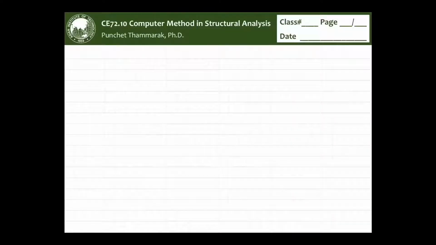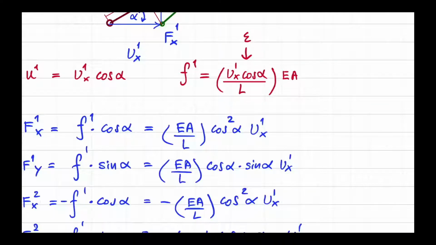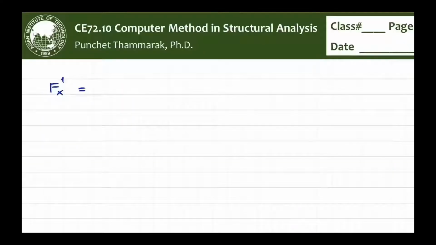Right now you can make this F1x equal to EA over L cosine square alpha U1x. So let's pull out the EA over L in the bracket.